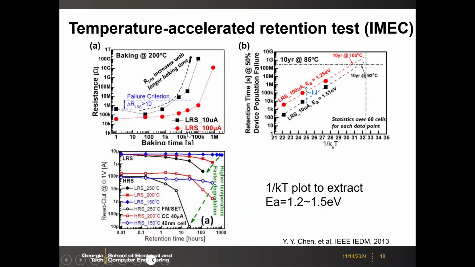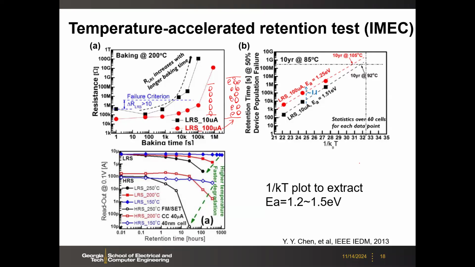So this is a lower resistance, stronger, or more stable state. But anyway, you monitor that, and you see that the resistance keeps increasing over time. That means the filament will dissolve at higher temperature, right? You have the filament with those oxygen vacancies. The 100 microamps means you have a stronger filament, passing larger current. And this one is weaker because it only passes 10 microamps.